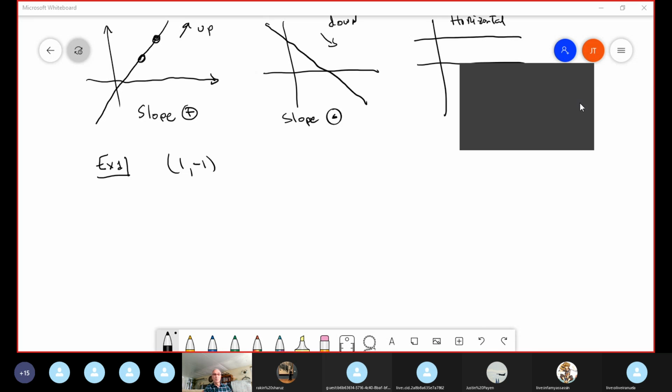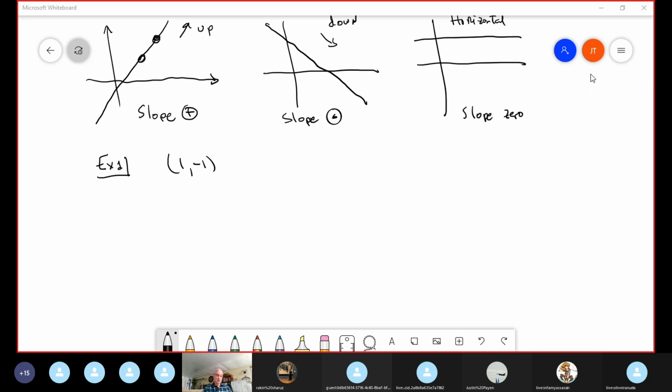Suppose 2 points are given: 1, -1 and 7, 2. Compute the slope of the line connecting both points. So what is the formula? The slope is normally represented by m. The formula is y2 minus y1 divided by x2 minus x1.